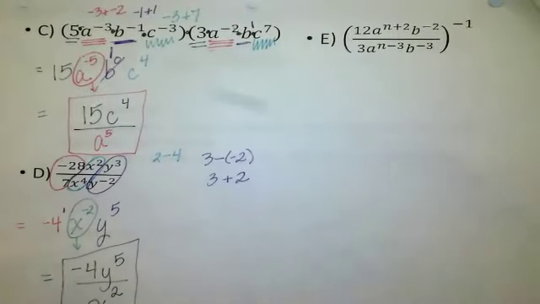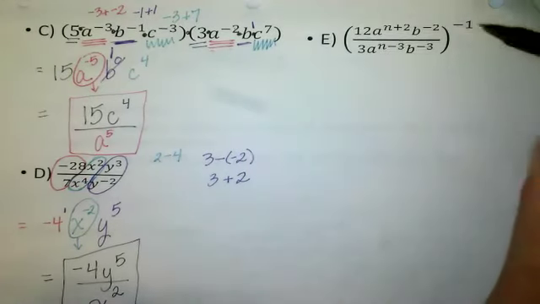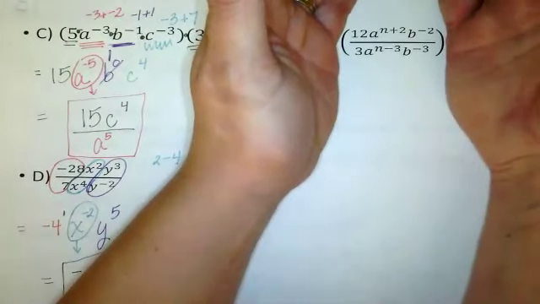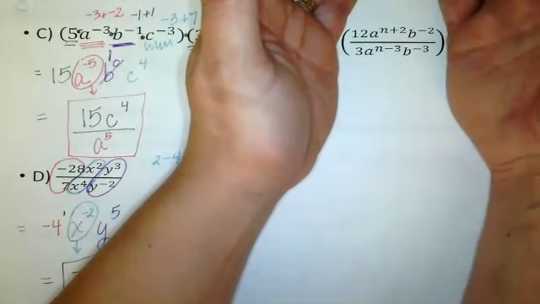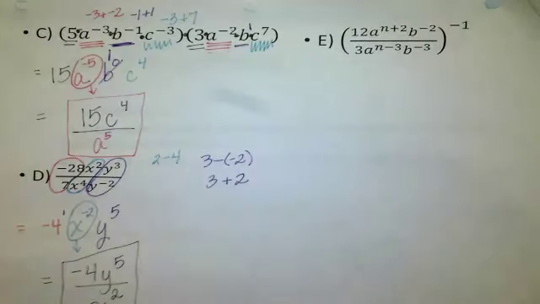So now, letter E. Let's look at letter E. So lots of stuff going on here. I think before I deal with this outside negative 1, I want to try and clean up everything inside first, because I definitely see stuff that I can clean up within the parentheses.